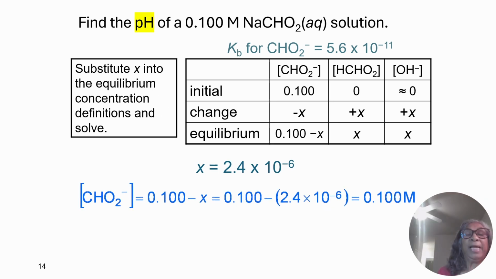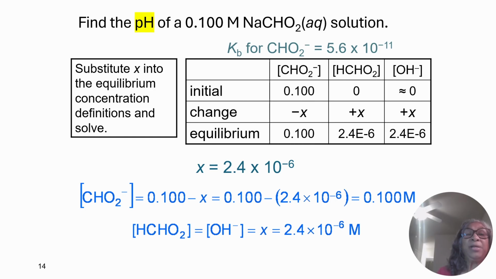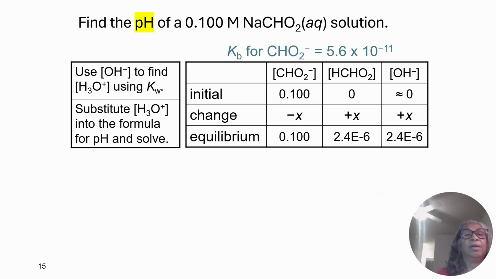Now we have found X, which is equal to the concentration of hydroxide, and we can get the pOH. Or we can use the ion product of autoionization of water, Kw, to solve for the concentration of hydronium. We will do it both ways. Let's calculate the pH using the self-ionization of water, Kw.